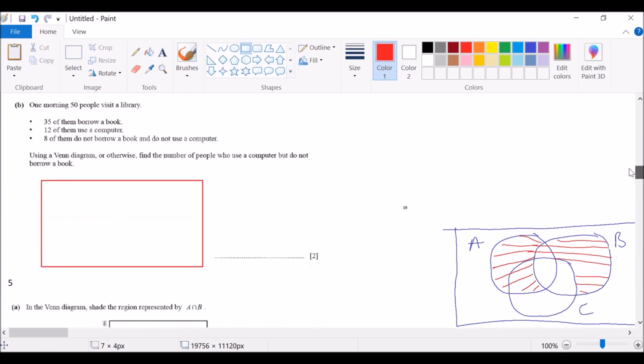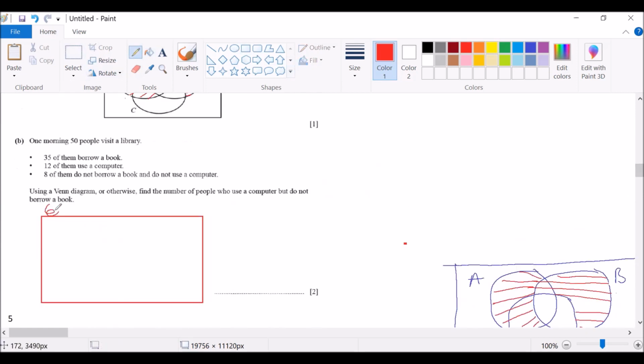What are we told? The total should be 50. When we add our universal set, we should have 50. And we have some who borrowed a book, we can call it B. Some using a computer, we can say C, because there could be an intersection because people can borrow a book and use a computer when they visit the library. 8 of them do not borrow a book and do not use a computer, so we have 8 outside there. 12 of them use a computer.